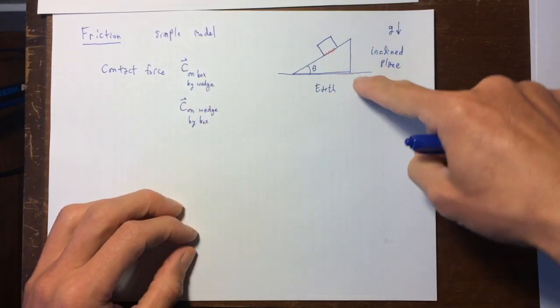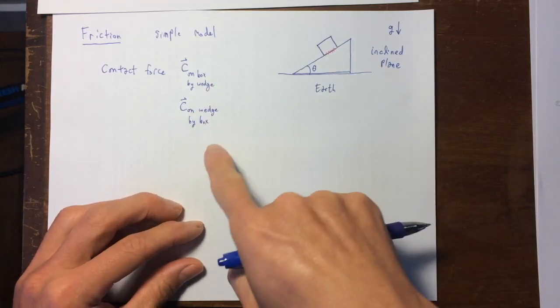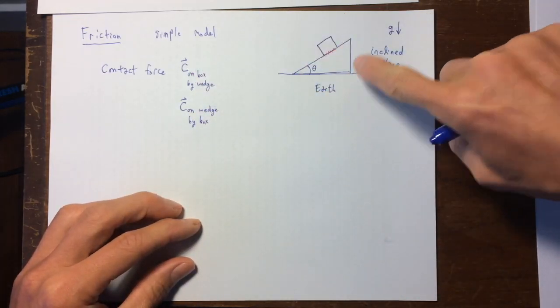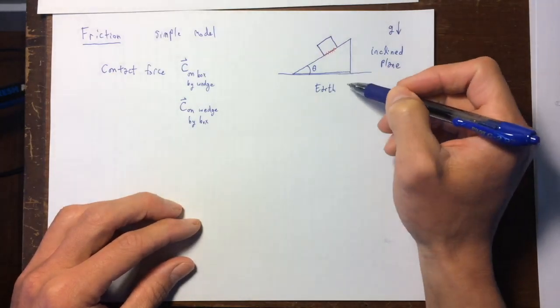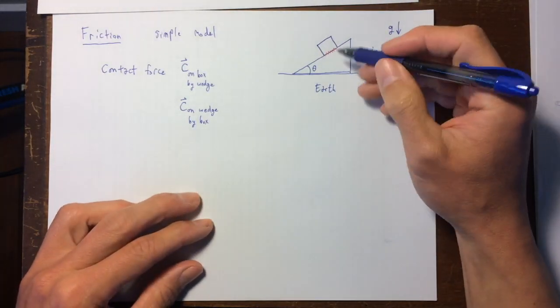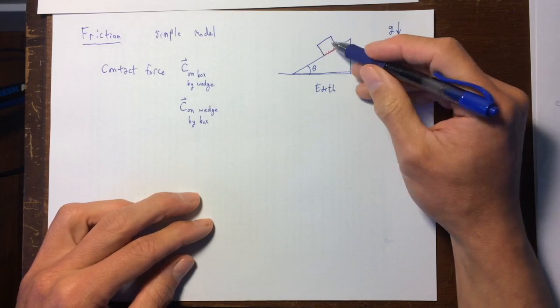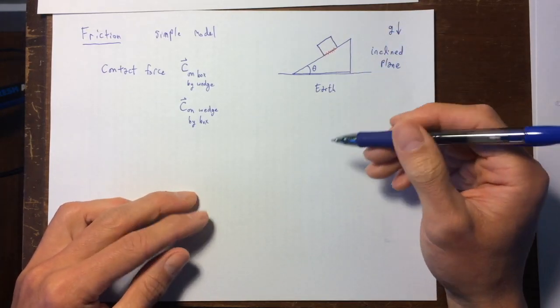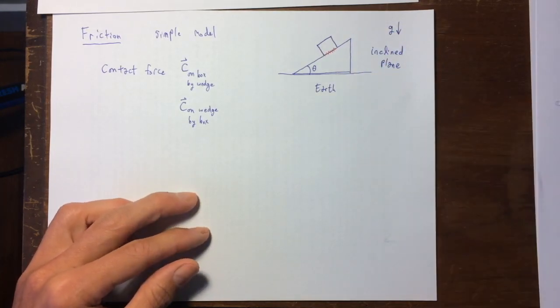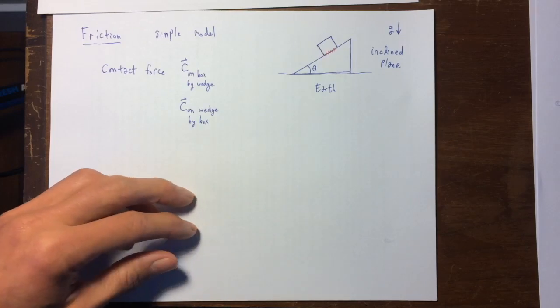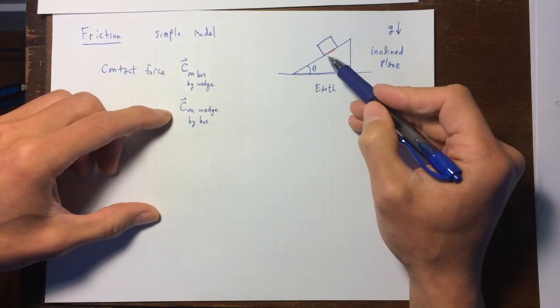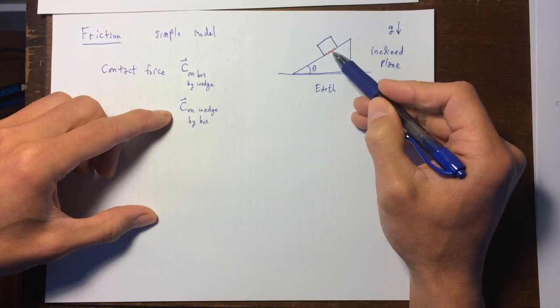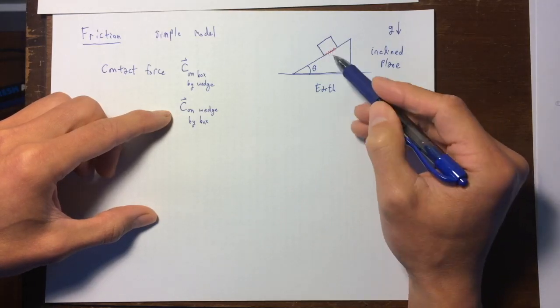I'm not talking about the Earth at all, but I could talk about the contact force between the Earth and the wedge. But the Earth and the box are not in contact, so their contact interaction is zero, and the forces involved are zero. But anyways, let's talk about where I drew this little red squiggly line.